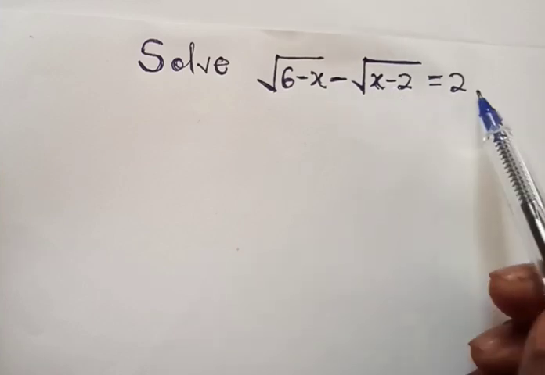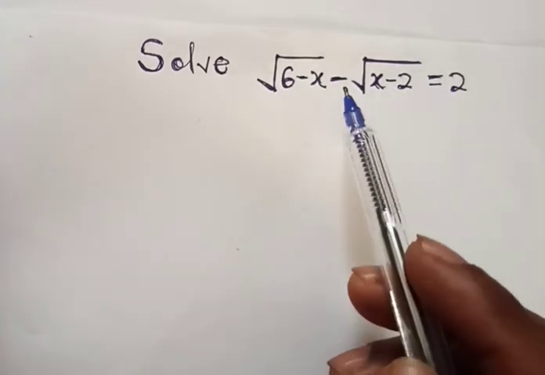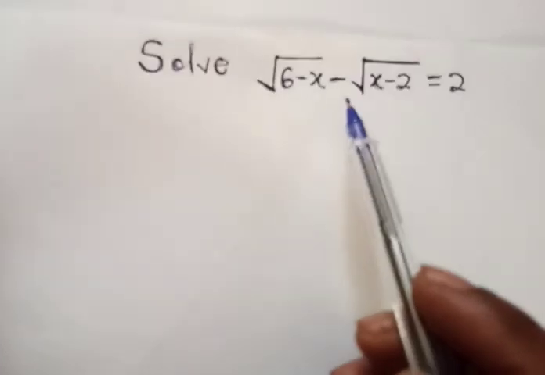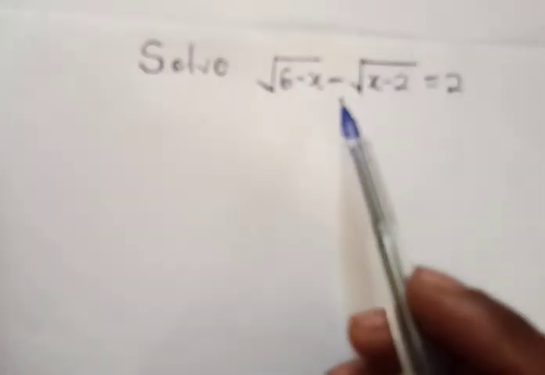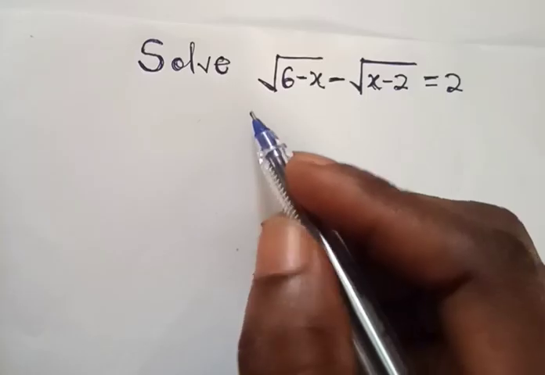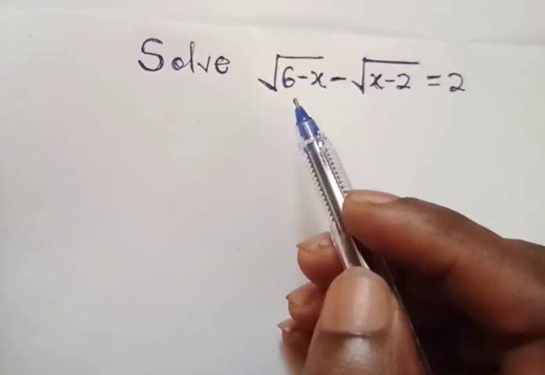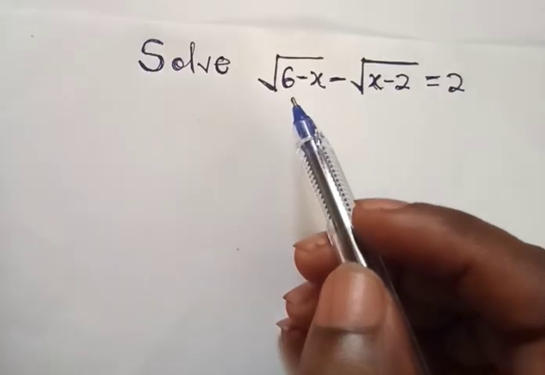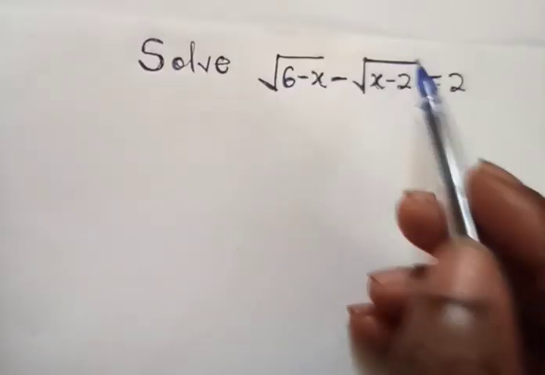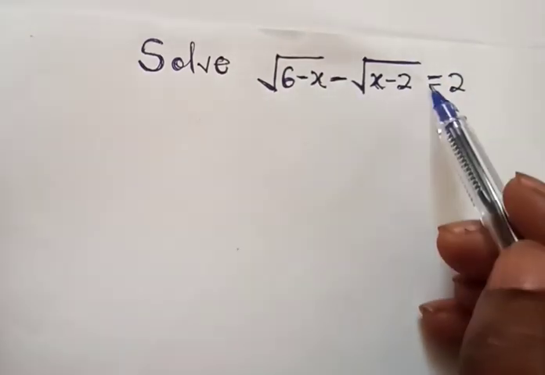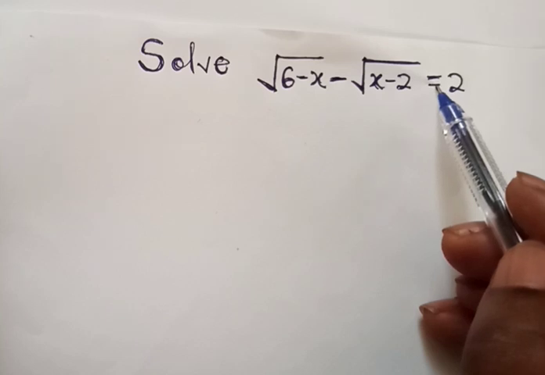That is what happens. So students should be very careful when they are dealing with these radical equations. Good. So when you see this, you can go ahead and square the whole of this term and square the whole of this, because this equal sign is separating them.